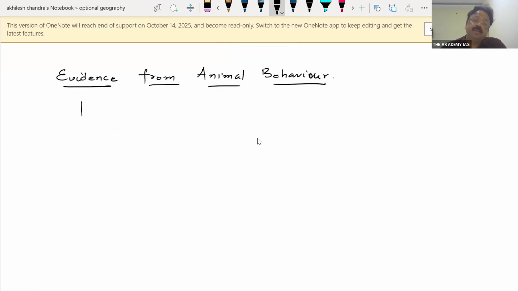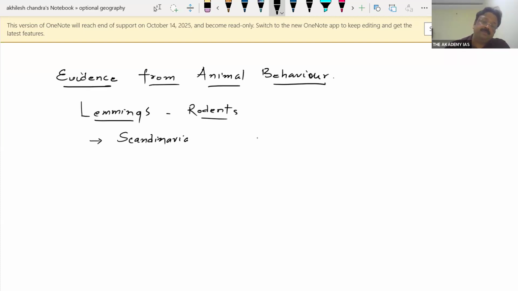The lemmings were studied. Lemmings, they are rodents. They are found in Scandinavian countries, the Scandinavian Peninsula, and their behavior was studied.